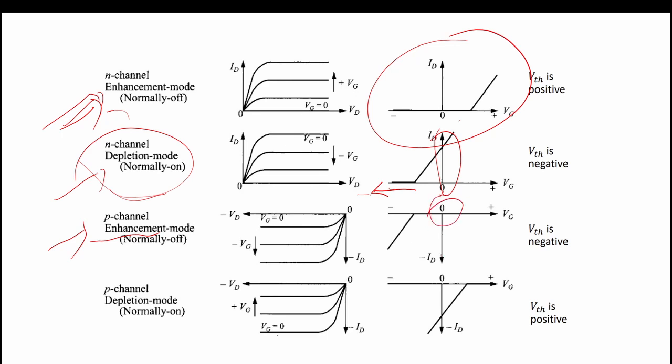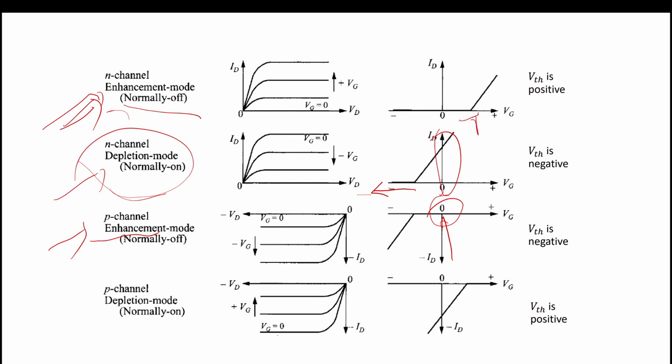Okay, at 0 gate voltage the current is 0. So the threshold voltage in this enhancement mode N channel is positive.